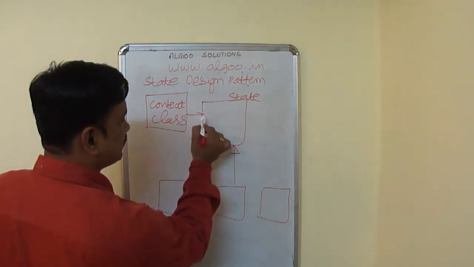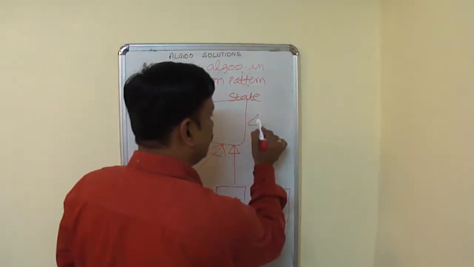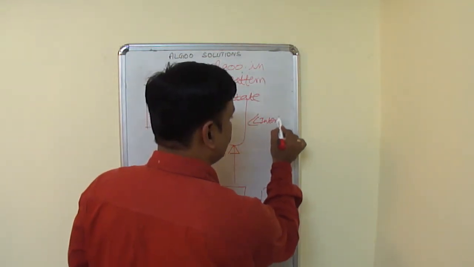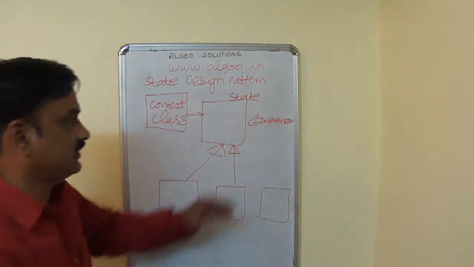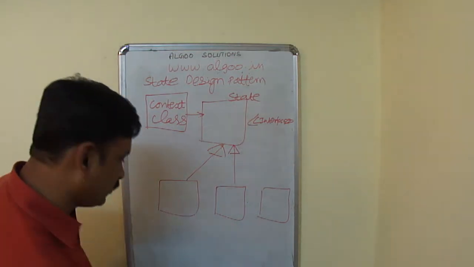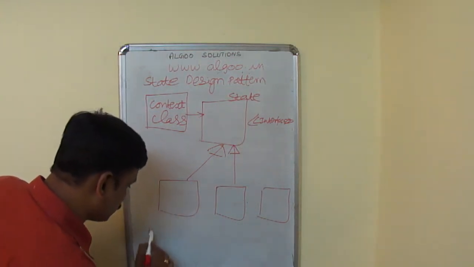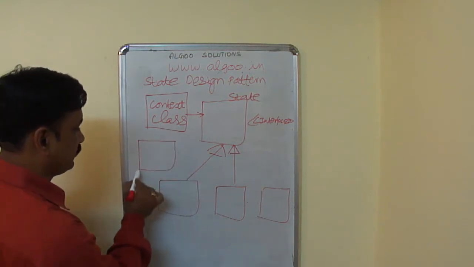This context class can only talk with the interface. It cannot talk with the derived classes. This is an interface. Now what is your client code doing? Let's put the client code over here, maybe here, since you can see it better.